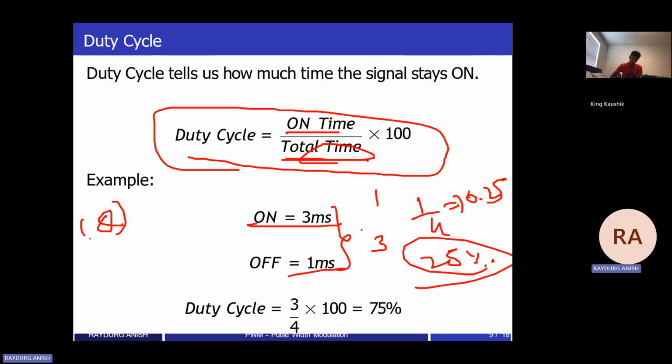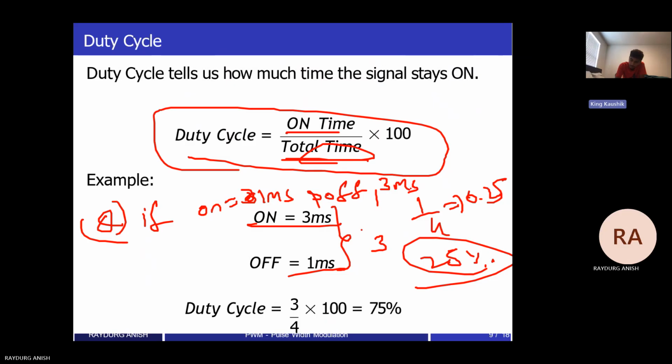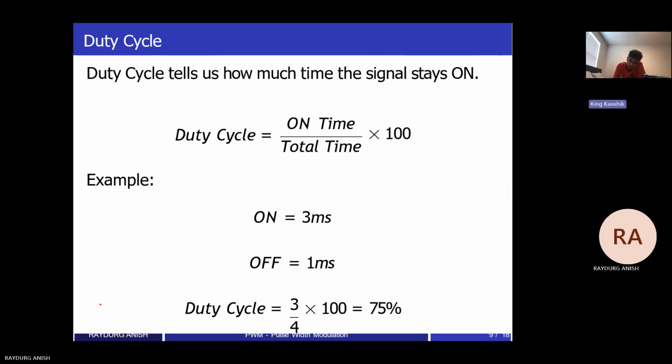So keep it as a question and write the question. If on time is 1 millisecond and off time is 3 milliseconds, calculate the duty cycle. In the answer, on time equals 1 millisecond and off time equals 3 milliseconds.